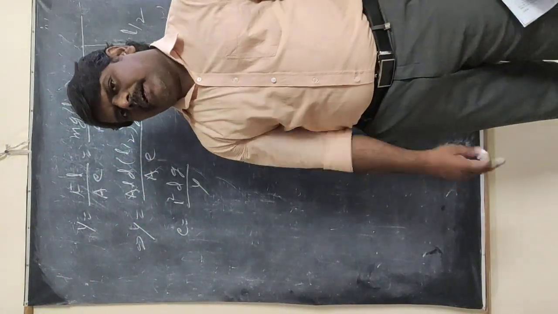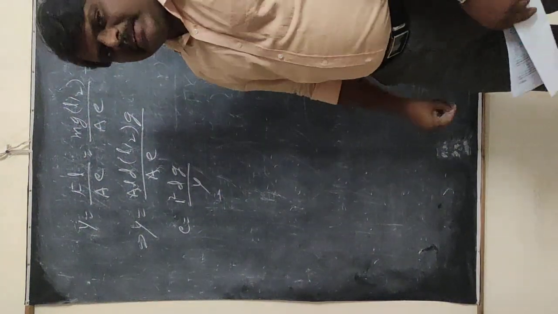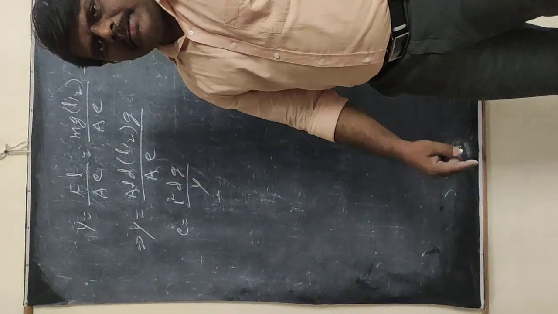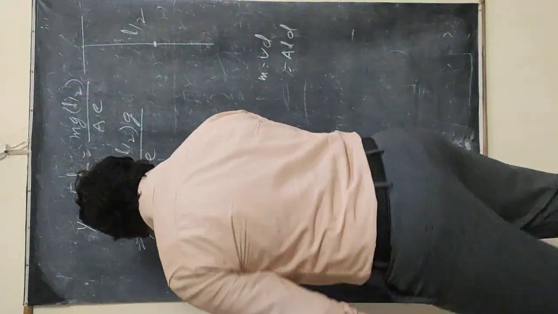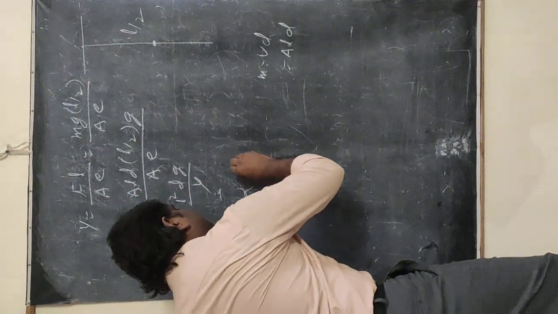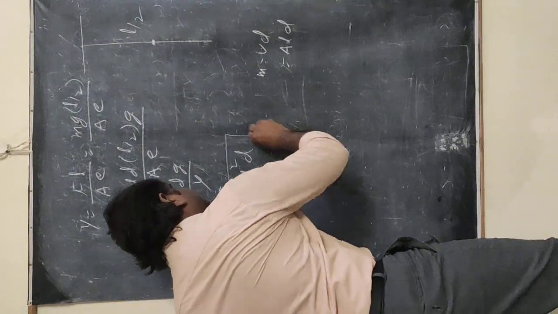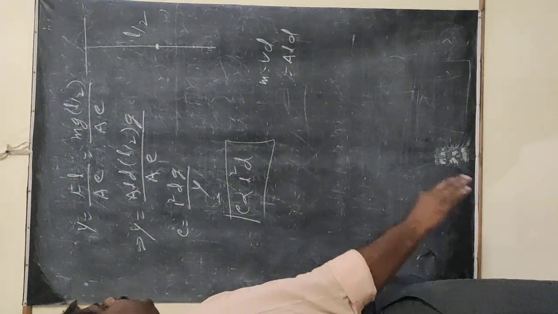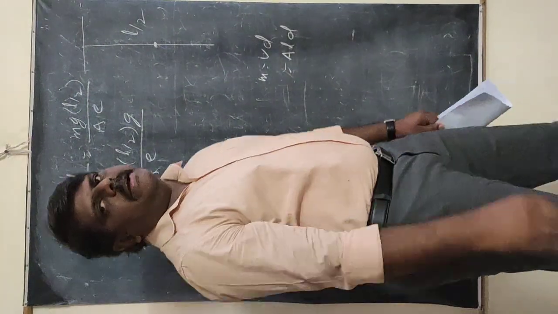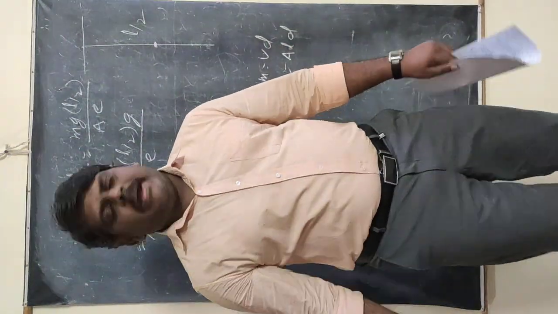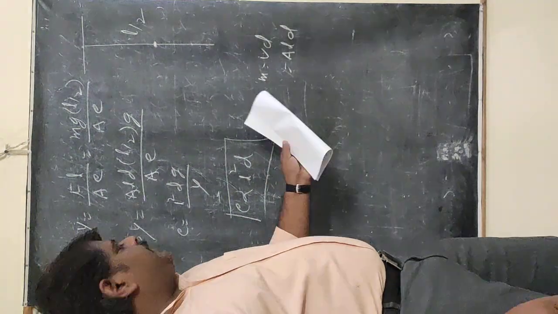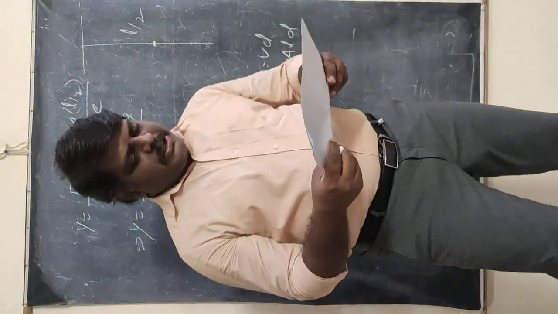If you take a particular material, Y remains constant and g is already constant. That means the elongation is proportional to L square into D. This is the relation, and you must remember this formula, which is very important for the competitive part. If any wire is elongated by its own weight, you have to follow this method. So e is proportional to L square into D.